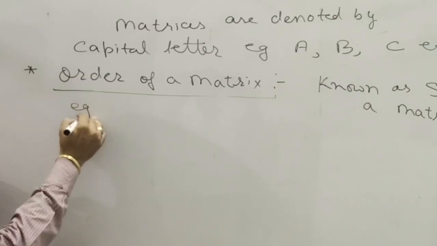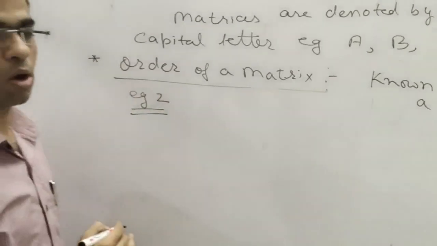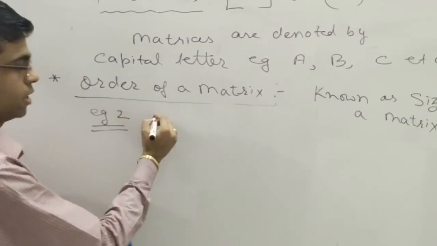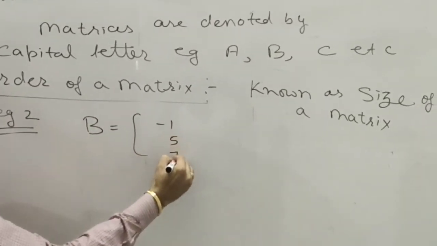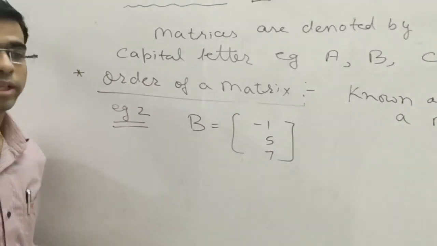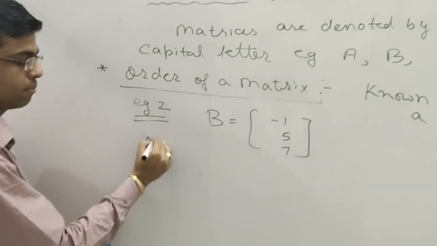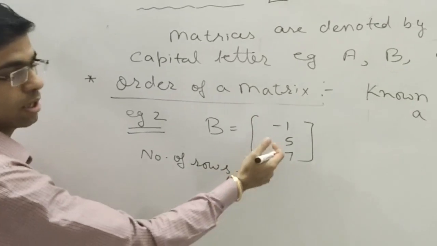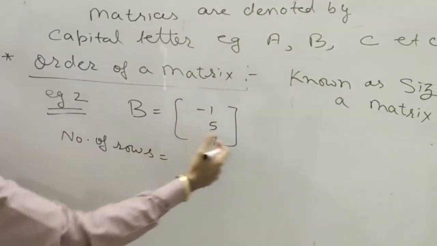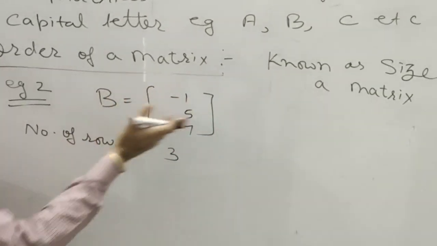Students, we will take another example to understand the order of a matrix. Example number 2: let B be equal to -1, 5, 7. In this matrix, the number of rows are 1, 2, 3 horizontal lines.